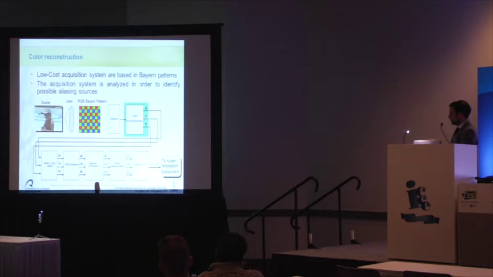The color reconstruction is normally here, just after the sensor, okay? And then we will have all the other processes, such as the matrix or color space, white balance, and so on. And we will get the output of the super resolution system.